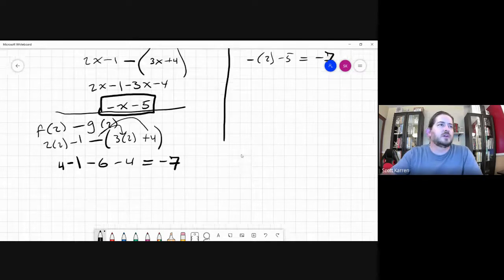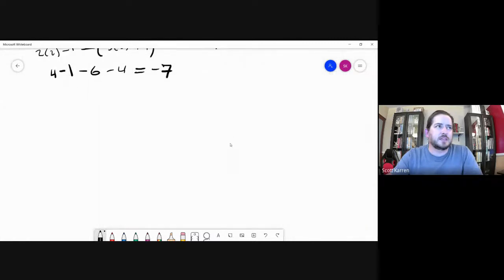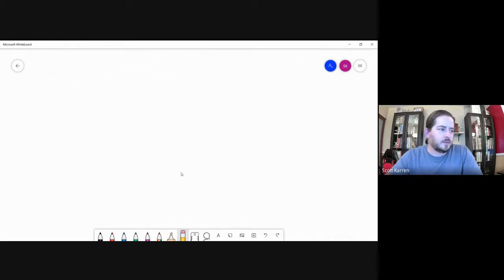The next two are still easy conceptually, but they get a little bit more involved. So let's say I have two functions. f of x equals x plus 2, and g of x equals x minus 3.